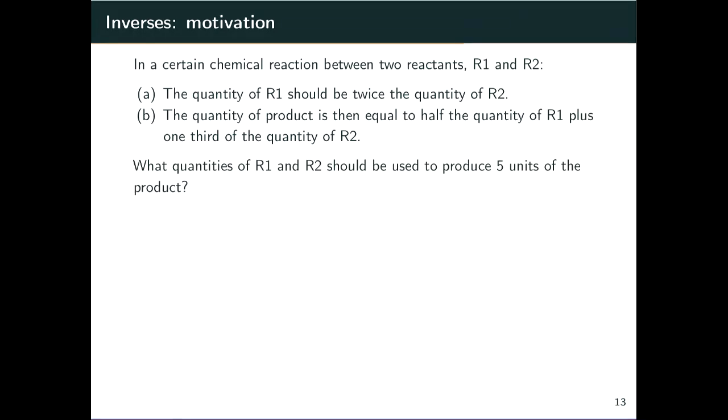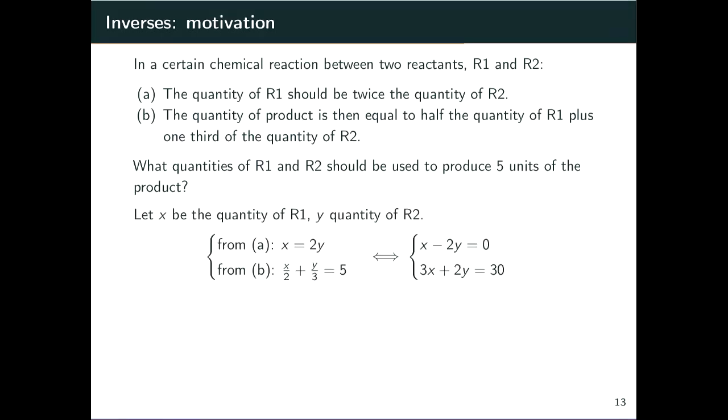And then the question is, what quantities of R1 and R2 should be used to make sure that we produce 5 units of our product that we want? So we'll write this out in equations. From A, we know that R1 is twice the quantity of R2, so x equals 2y. From B, we have that half of R1 plus 1/3 of R2 is equal to 5, because we want to produce 5 units.